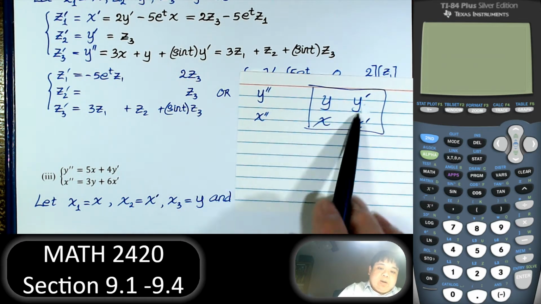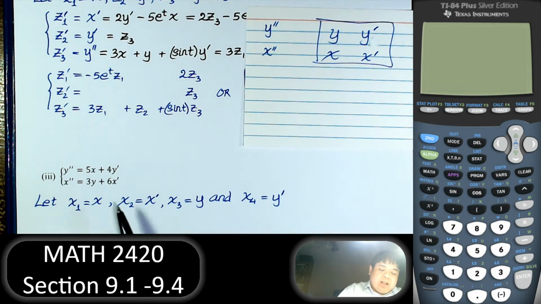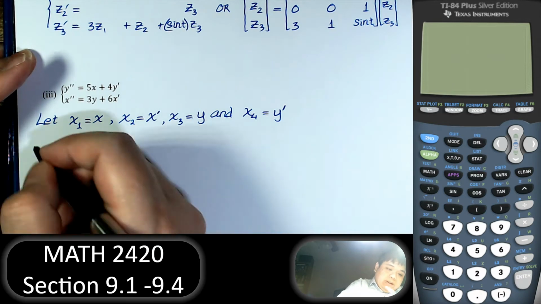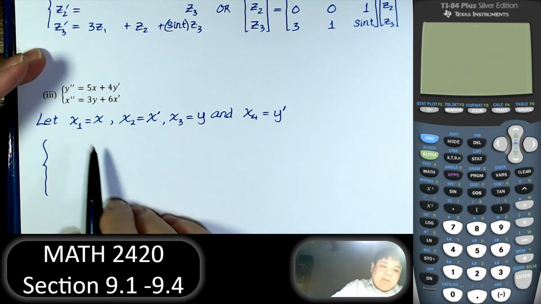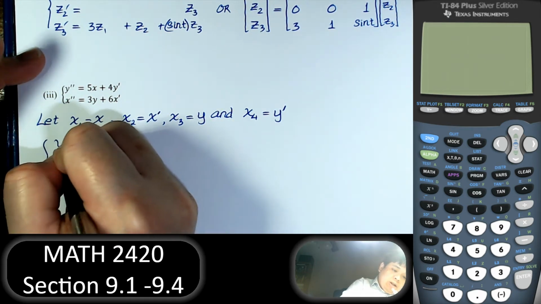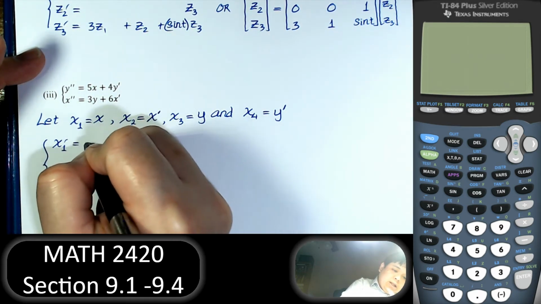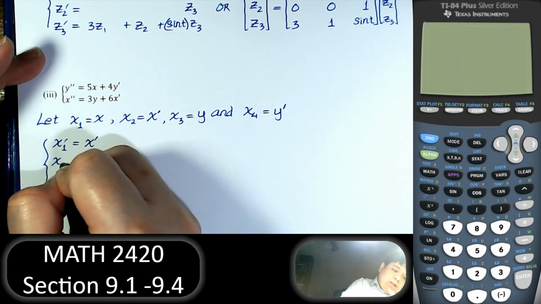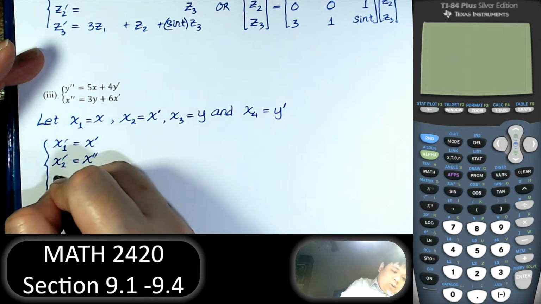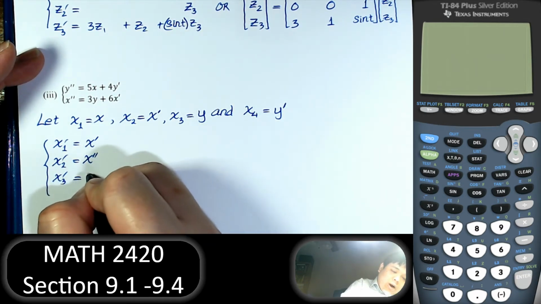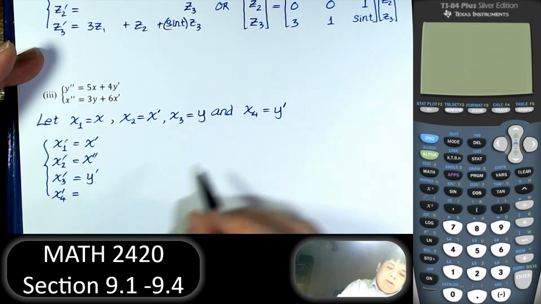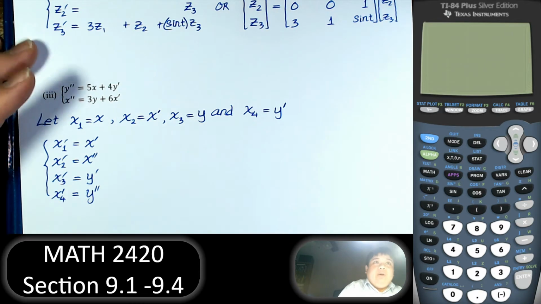When we write like that, we know we need to have 4 of them: x1, x2, x3, x4. That's what we have. And then the next step is we take derivative on both sides and put that in the system of equation. x1 prime is x prime, x2 prime is x double prime, x3 prime is y prime, x4 prime is y double prime. Simple enough, right?